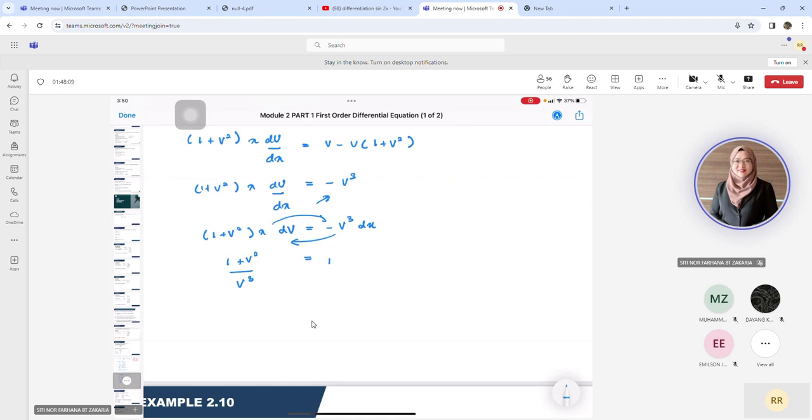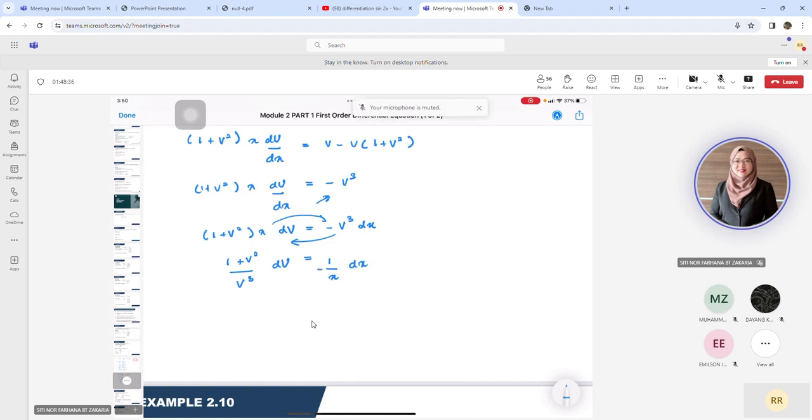So it become as 1 over x dx. This one is dv. So it's already separated, right? We have dv in our left side and then x in our right side, right?